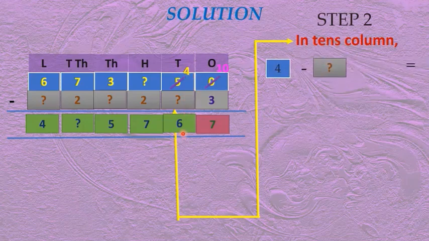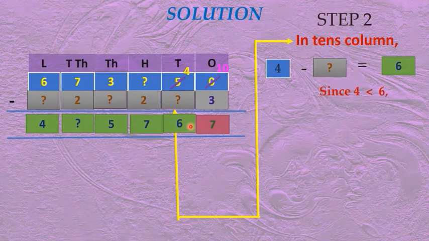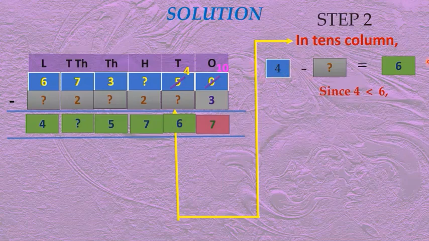4 minus question mark is equal to 6. Always remember, Nana, we have to write that minuend minus subtrahend is equal to difference. So 6. We have to find this subtrahend. How do we find the subtrahend? Minuend minus difference we have to do. So here the minuend is 4 and the difference is 6. So 4 minus 6. Is it possible? No. 4 is less than 6.